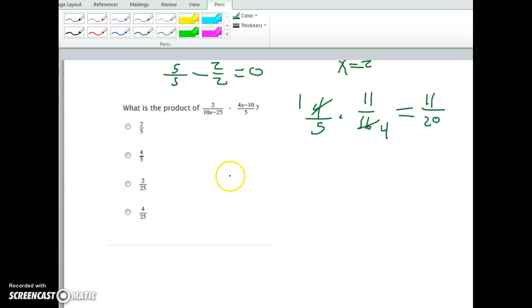So I suggest when we're writing these, we go ahead and write them, but factor as we're doing that. So this is 5 times 2x minus 5, times 2 times x minus 5.